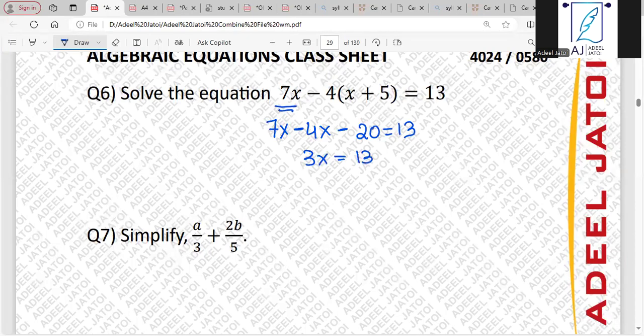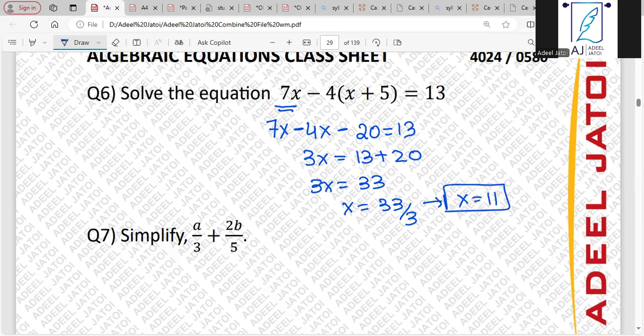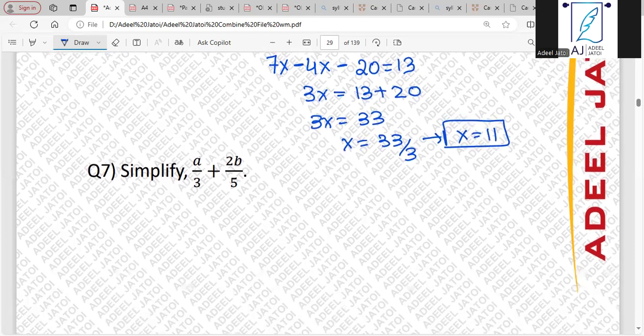And 13 minus 20, going to the other side, what will it become? Plus 20. 3x is equal to 33. What is the value of x? 33 upon 3, which means x becomes 11. So that is the answer.